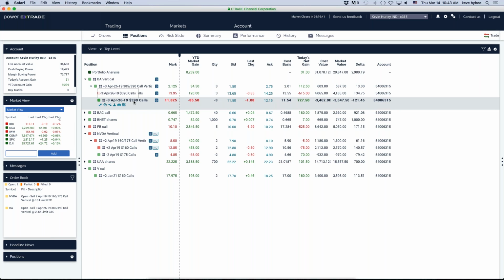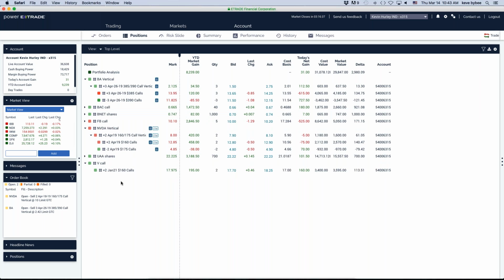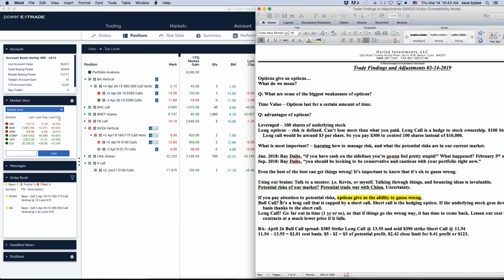Alrighty. So the hedging option here with the short gives us a chance to guess wrong if it goes down the other way and doesn't hold that support level. The other one I wanted to talk about was a Visa long call that was put on. Two contracts, all the way out to January 21. It goes back to what I was talking about for our long calls.